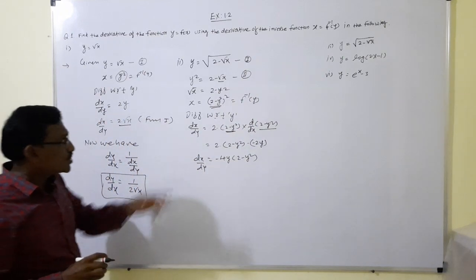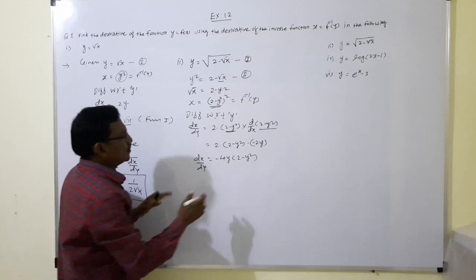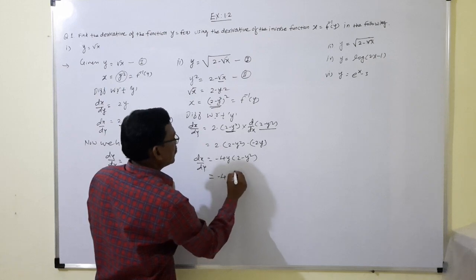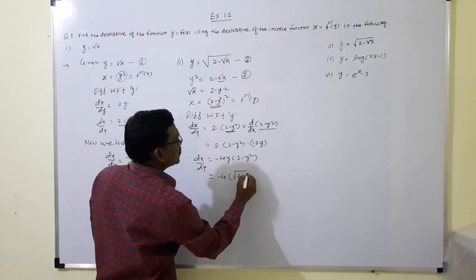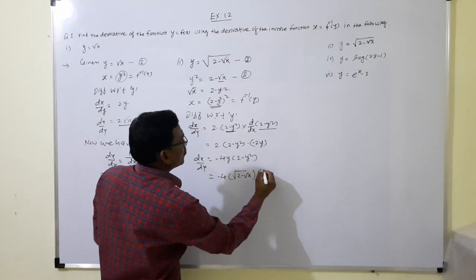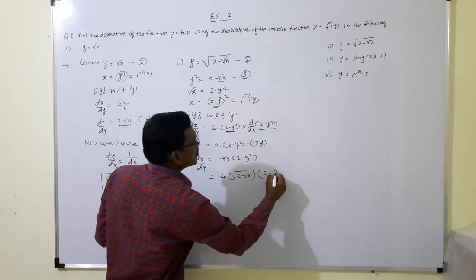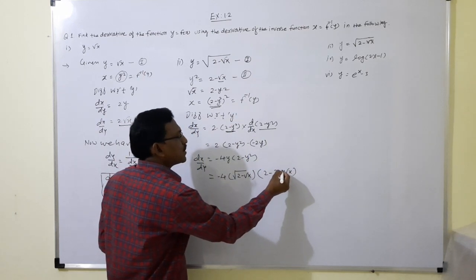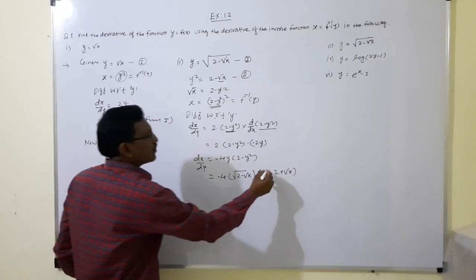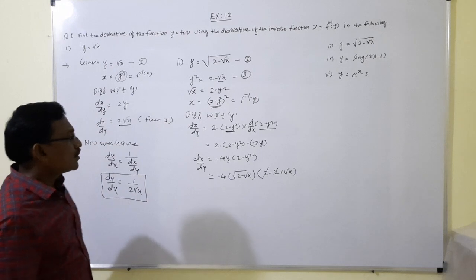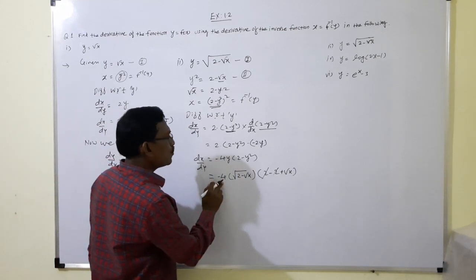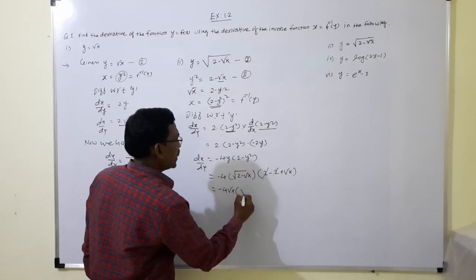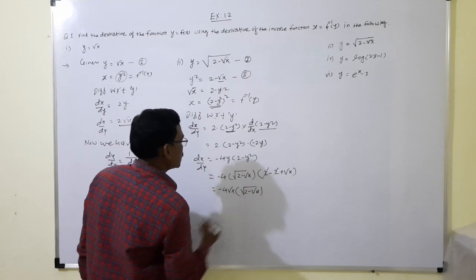Now we use equations 1 and 2 here. Minus 4y means, from equation 1, root of 2 minus root x, into 2 minus y square, which is 2 minus root x, and due to the minus sign this minus becomes plus, so 2 minus 2 gets cancelled. Now it gives minus 4 root x into root of 2 minus root x.